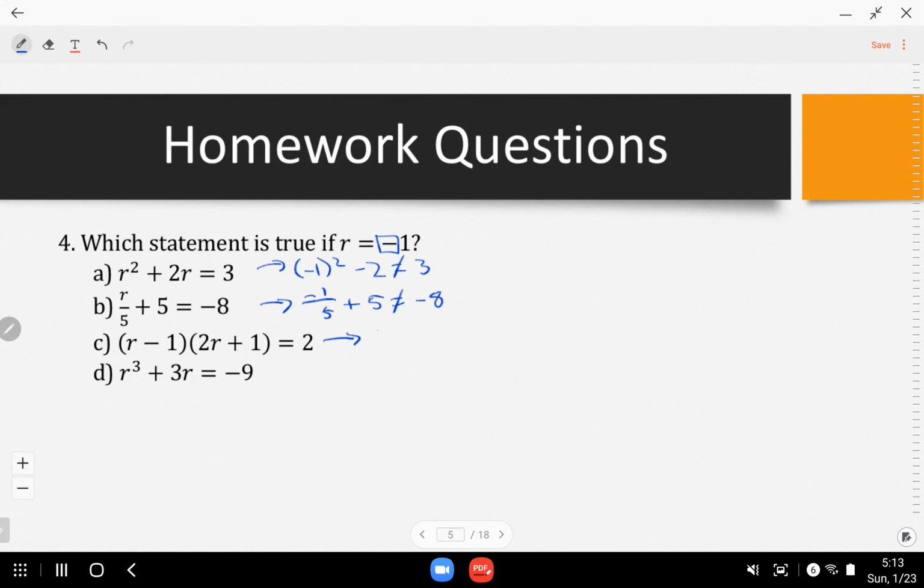Okay, and we have -1 minus 1 times -2 plus 1 is equal to 2. Basically, it's -2 times -1. And when you multiply two negative numbers, you get a positive, it's just 2.